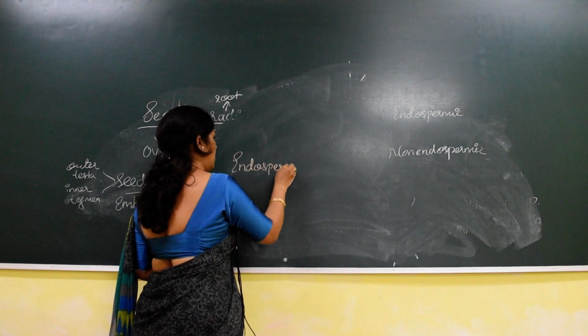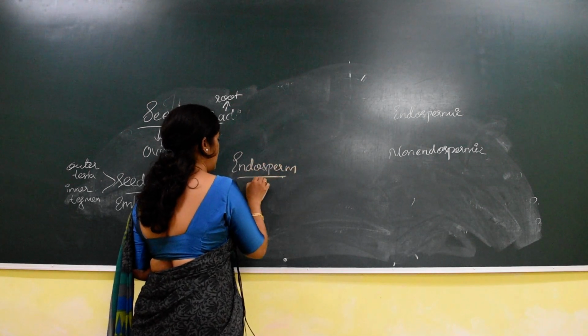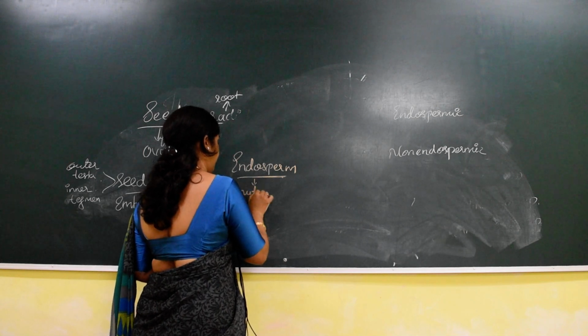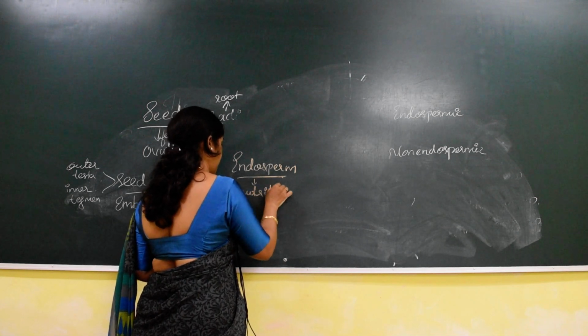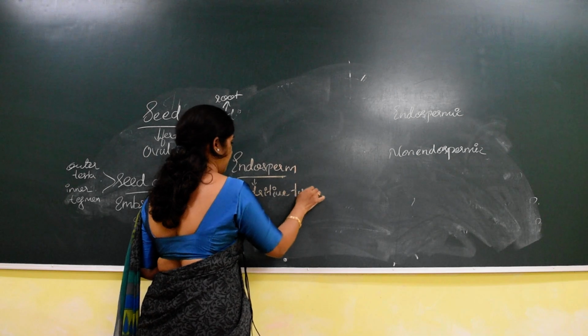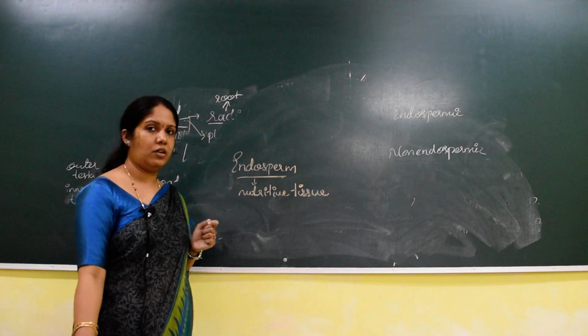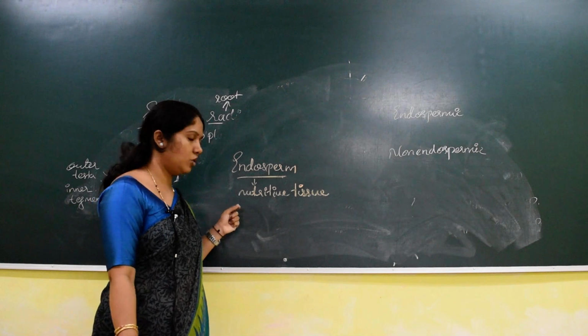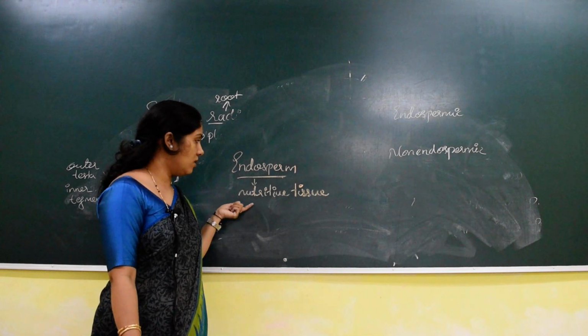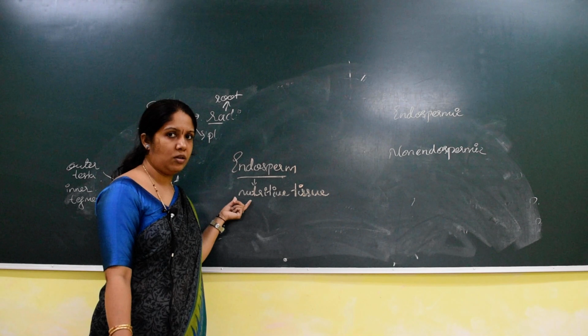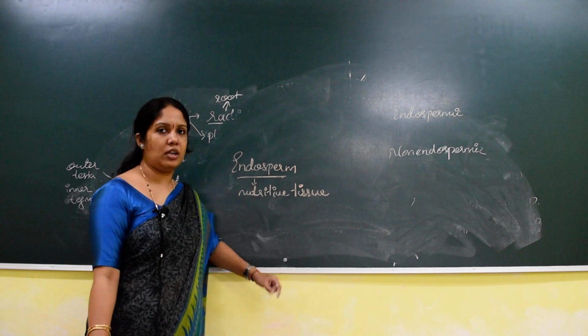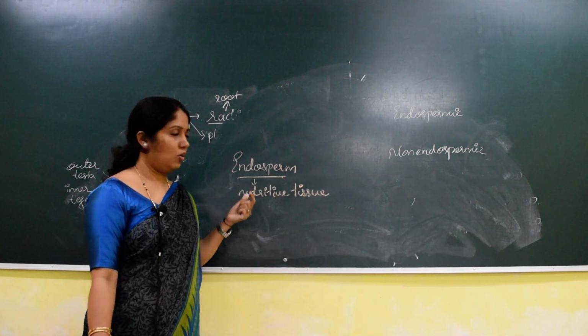It is a nutritive tissue. The word nutritive, wherever you come across it, you should know that it has all the supplement of nutrients which helps to develop the embryo.